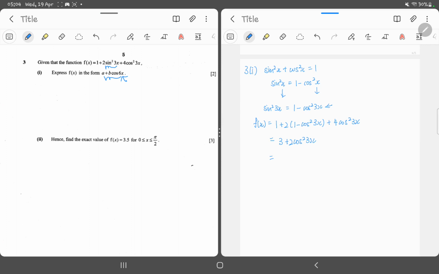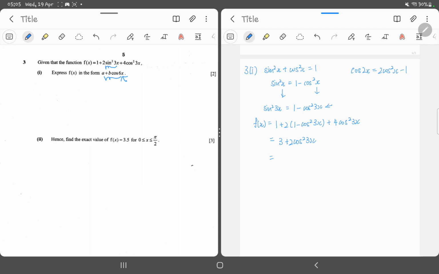So there's another identity, that is cosine 2x equals 2 cosine square x minus 1.